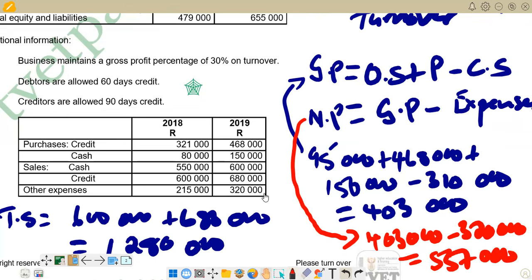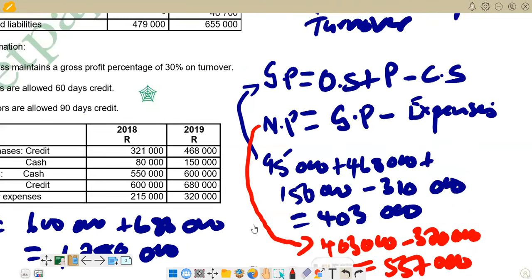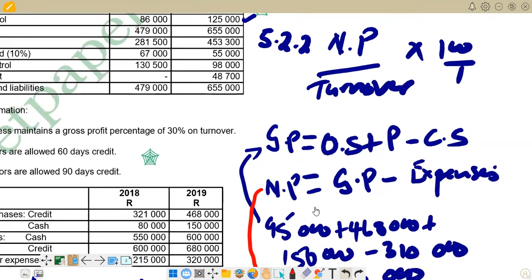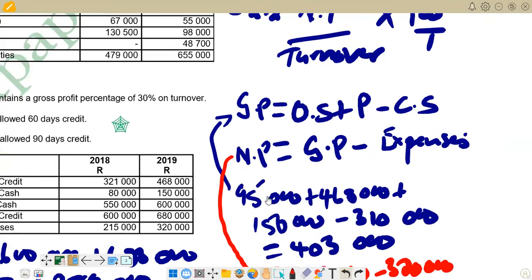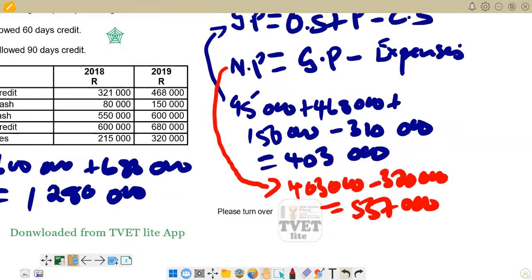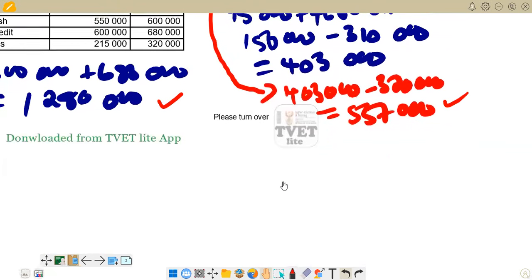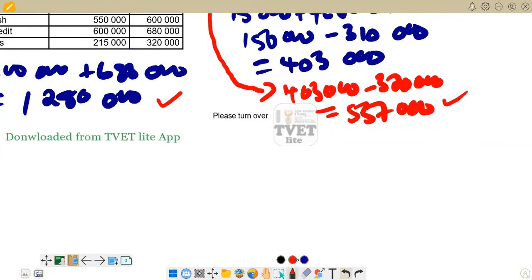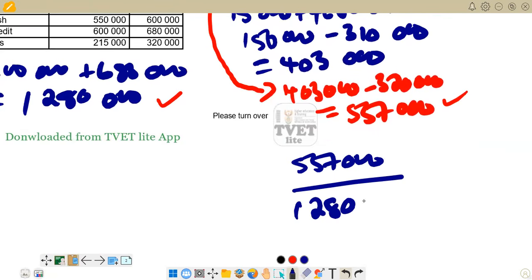Then we go to the formula that we have here, which is net profit over turnover. Remember, our turnover, we now have it here. This is our turnover, 1,280,000. Then this is our net profit. So we can now substitute in the formula net profit over turnover to get the net profit percentage by saying 557,000 divided by 1,280,000.